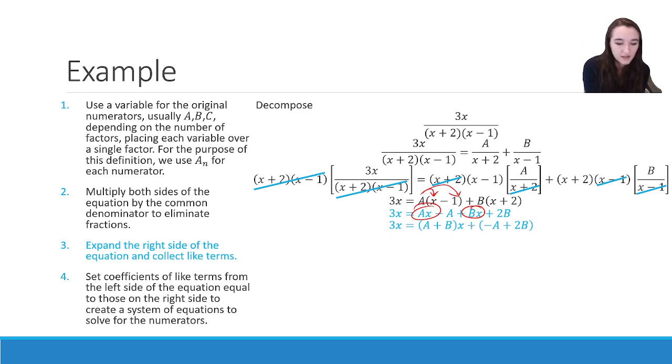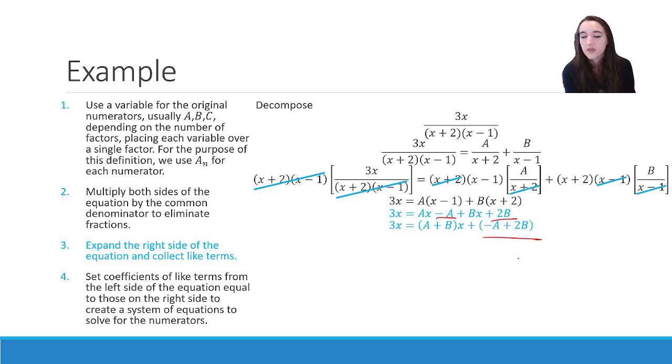So Ax plus Bx becomes (A plus B)x, and then negative A plus 2B. These are my coefficients. My coefficient of x on the right side is A plus B. My constant term on the right side is negative A plus 2B.